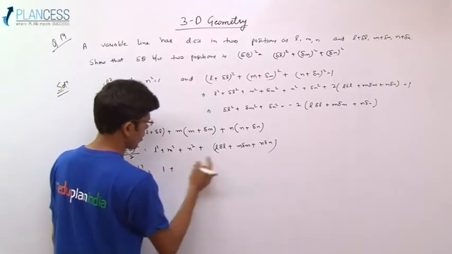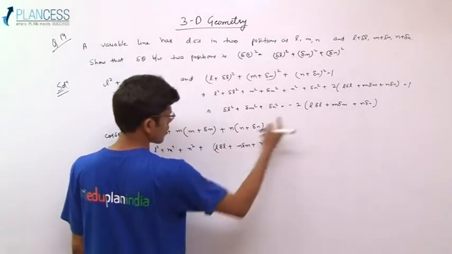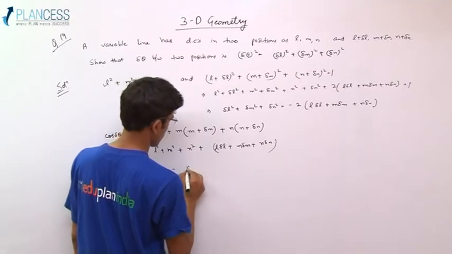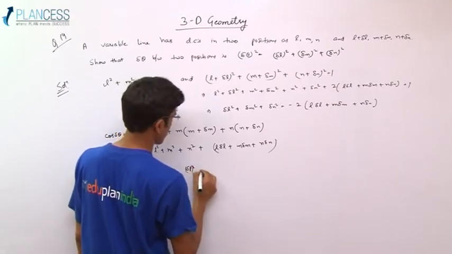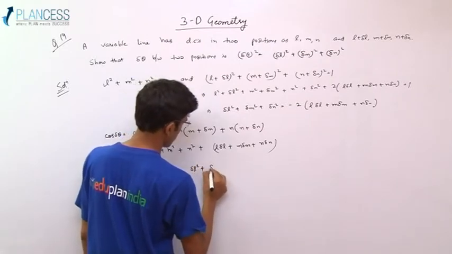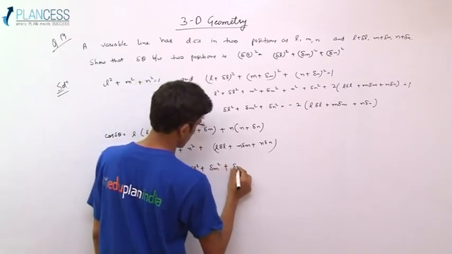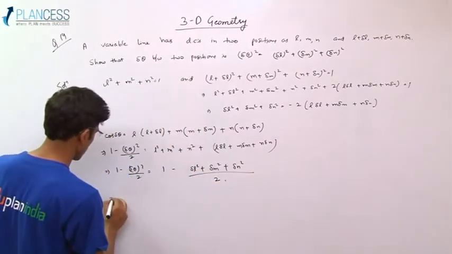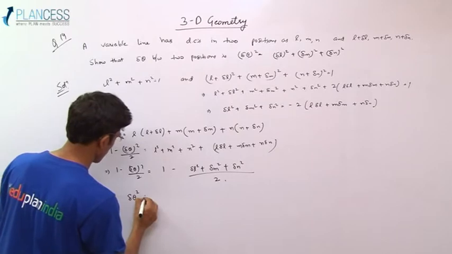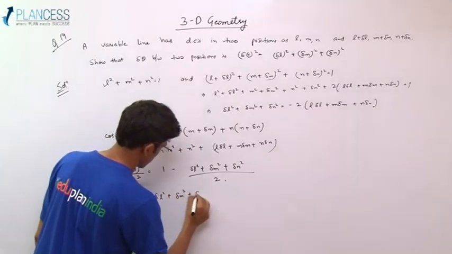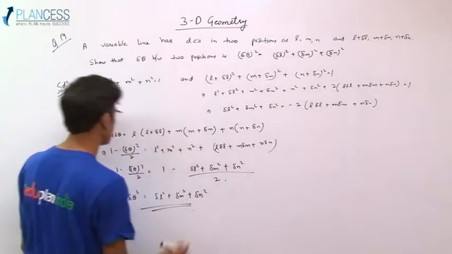This is 1, and this is minus (delta l squared plus delta m squared plus delta n squared) by 2. So this gives delta theta squared is delta l squared plus delta m squared plus delta n squared.